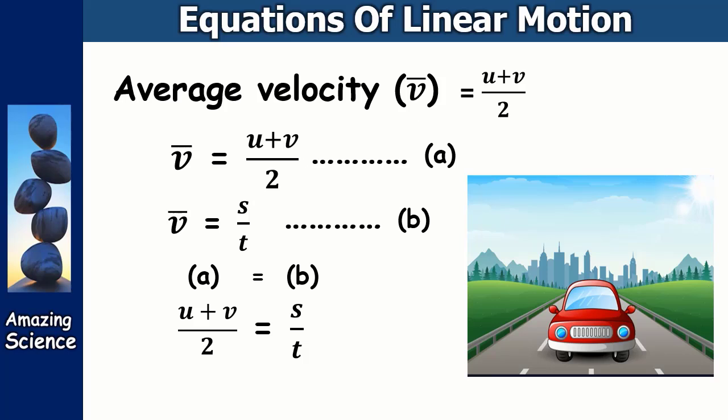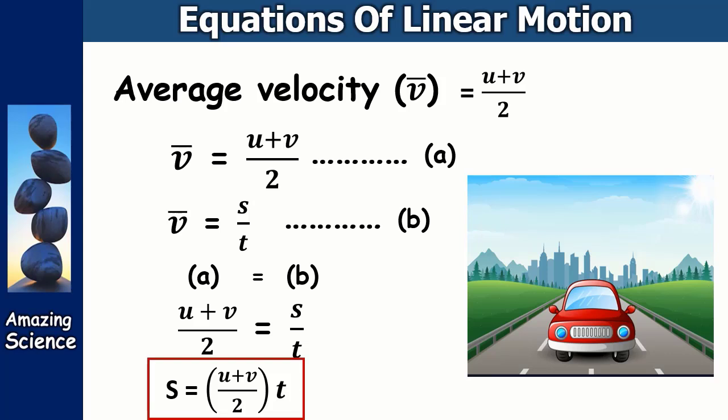At this time, let us make s the subject of the equation. We are going to get s is equal to u plus v divided by 2, all multiplied by t. Let's call this equation 2, the second equation of motion for uniformly accelerated motion proposed by Sir Isaac Newton. That is the source from which we are going to derive the other equations of motion.